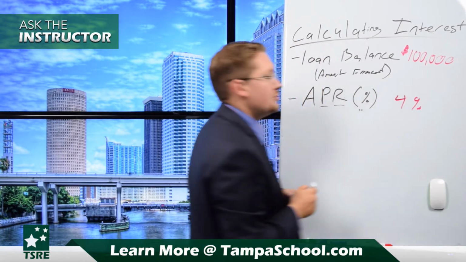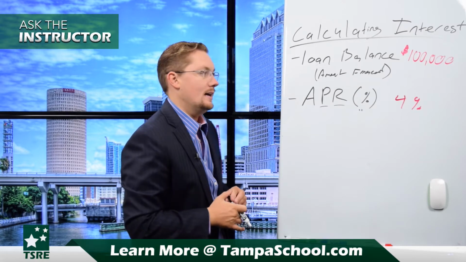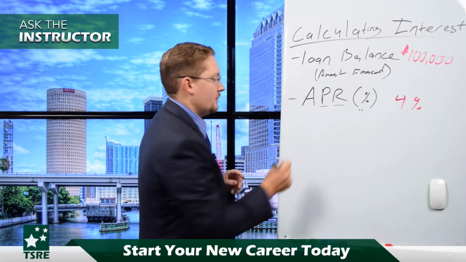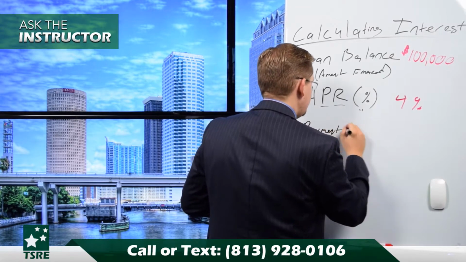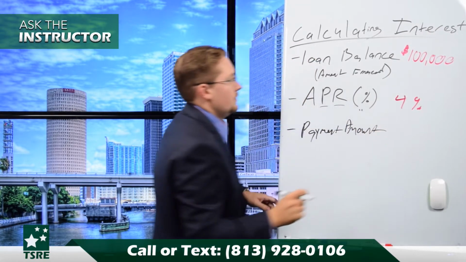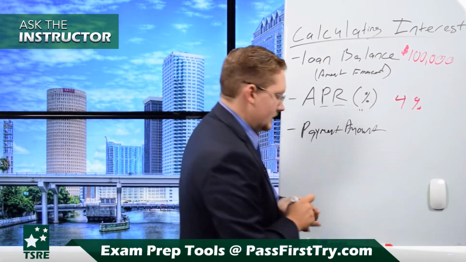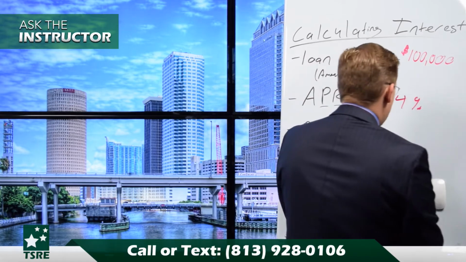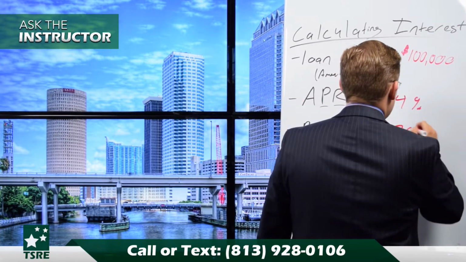And you do need a third number, and we already kind of used an example of that in the previous example. The third number that you need is the payment amount. So you need the loan balance, you need the APR, and you need the payment amount. These are the three things you need to amortize a payment. And let's say that our payment's going to be $700.